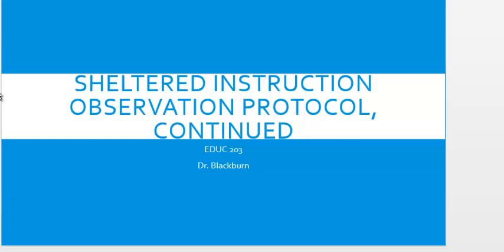Yesterday, we were introduced to the Sheltered Instruction Observation Protocol. And if you recall, sheltered instruction means that a lot of the students in your classroom are going to be English language learning students. And so they are placed in a regular mainstream classroom, much like special ed students are for inclusion.